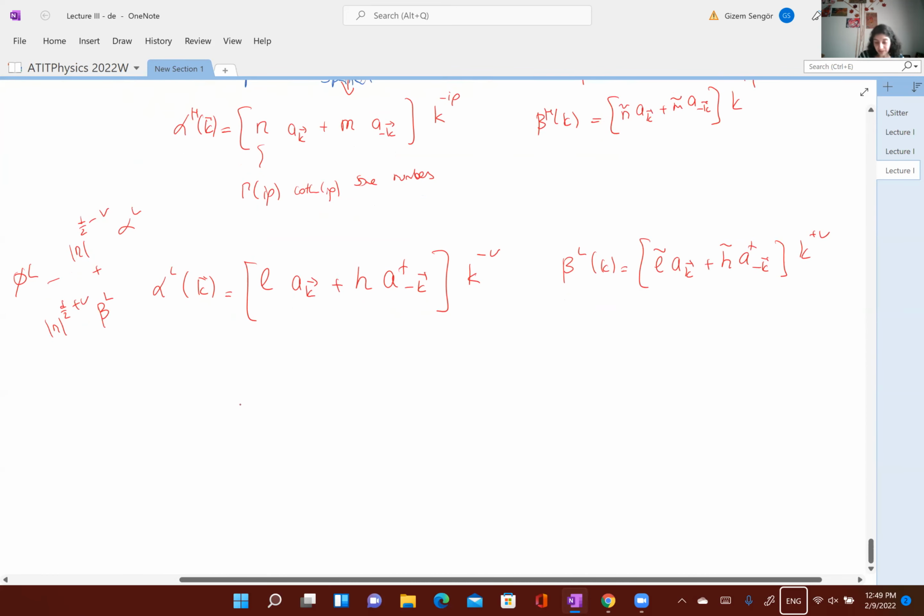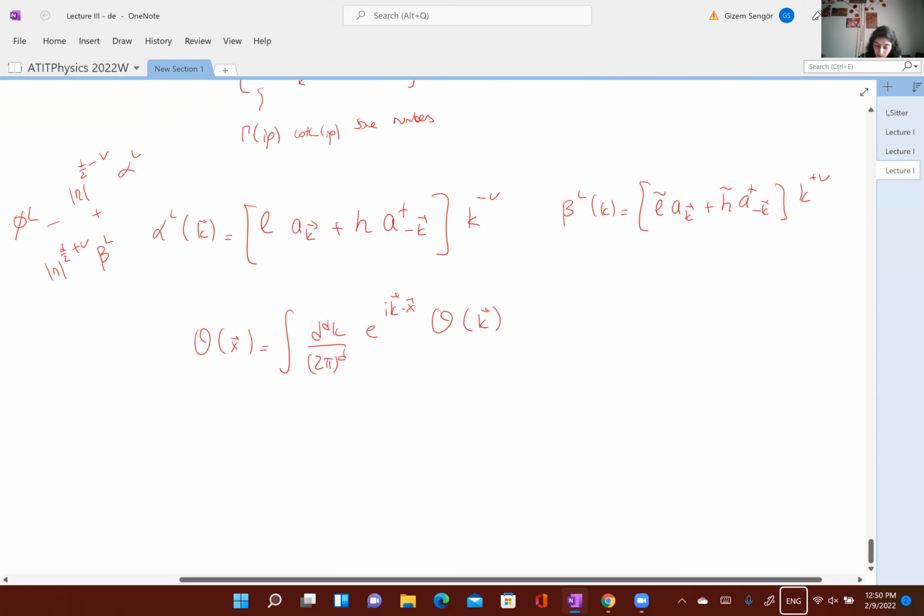Now, these operators are defined in momentum space, but you can always do a Fourier transform into position space. So like this, O(x) will be defined. And either you look at it like that and then study the dilatations, or you just look at it with the dilatation generator.